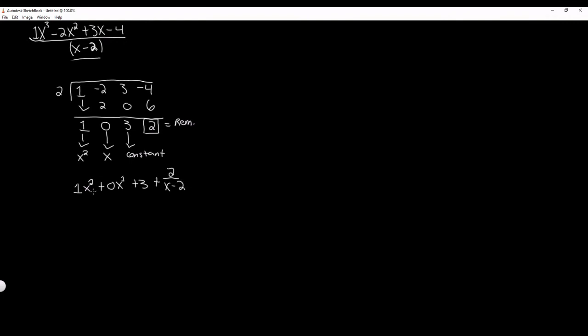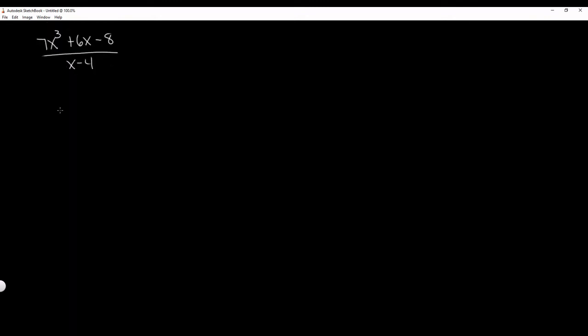If we simplify this a little bit just to clean it up, we can write x squared with an implicit coefficient of 1. 0x is just 0, so we don't have to write it. So x squared plus 3 plus the remainder of 2 divided by x minus 2. And that is the answer to this problem.